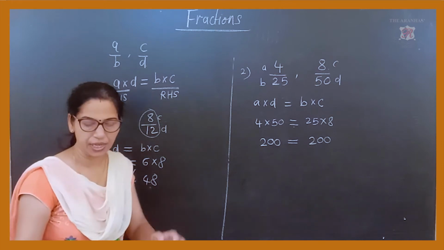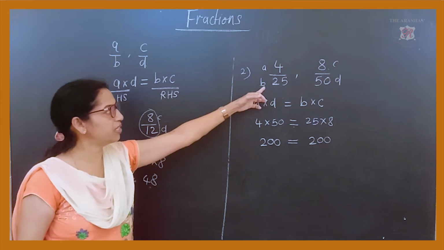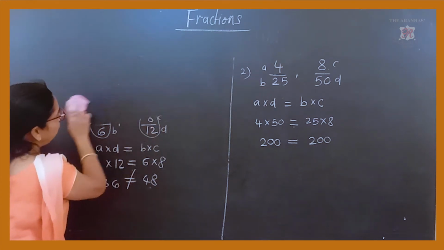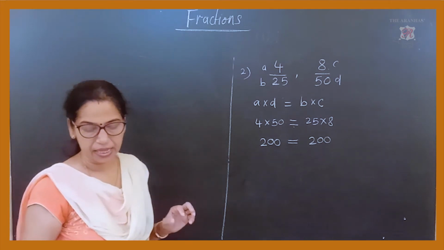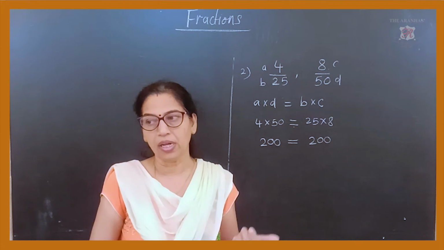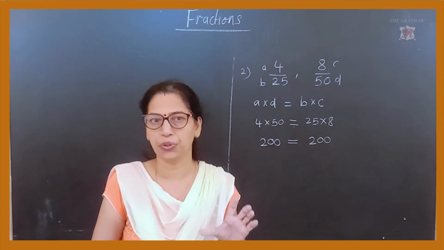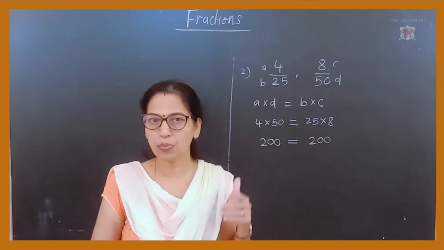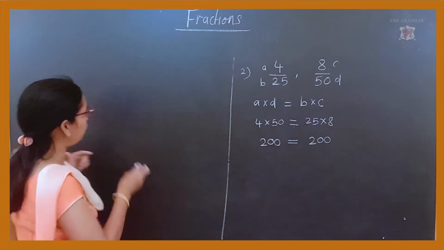In this way you can say whether the given fractions are equivalent or not equivalent. Now we will have the next point, how to simplify the given fraction, or the question may come that whatever fraction is given to you, you have to reduce it into simplest form. Now suppose you have one fraction, that is 8 upon 24.